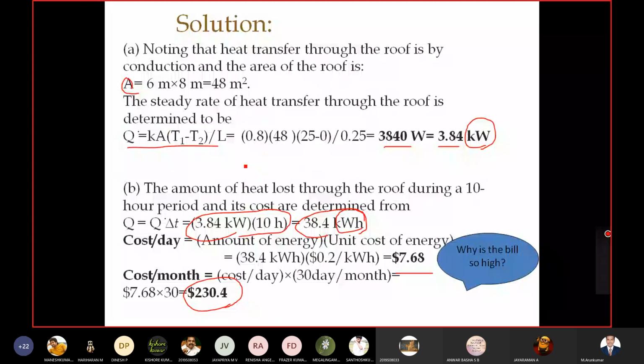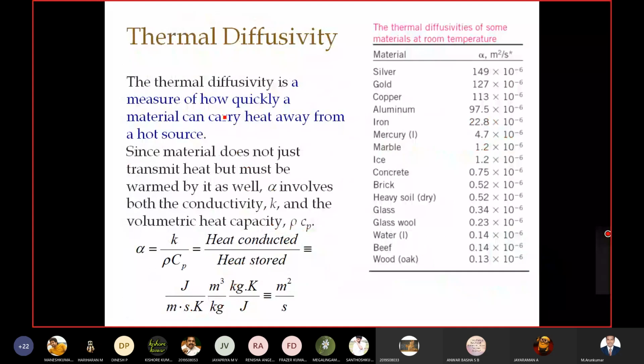Then another term is thermal diffusivity. Thermal diffusivity is a measure of how quickly a material can carry heat away from a hot source.